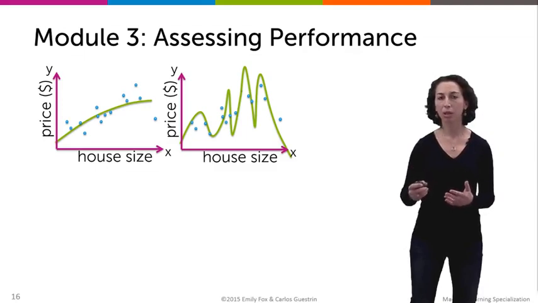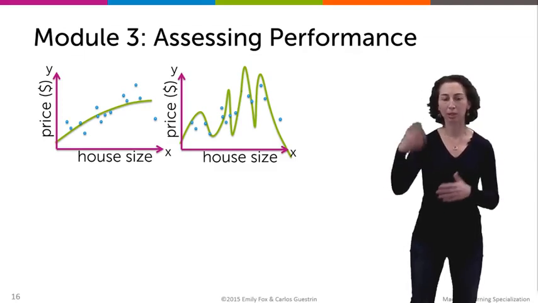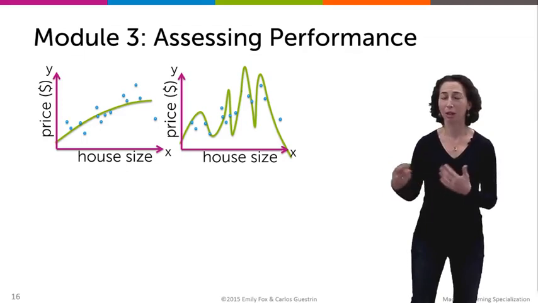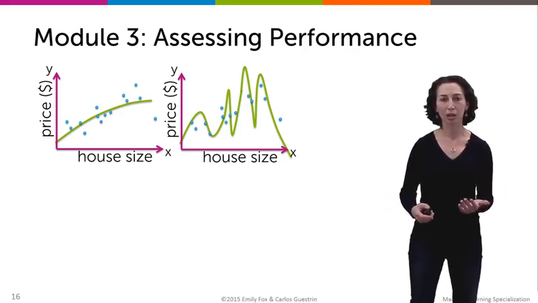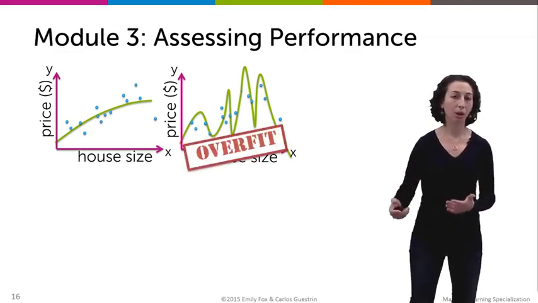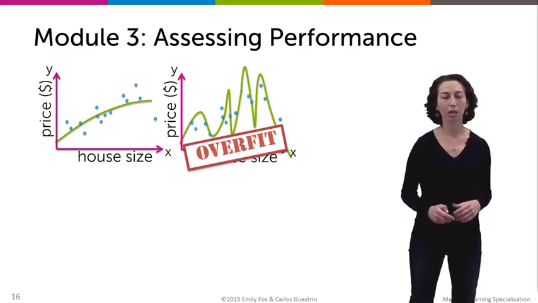But what it's not able to do is generalize to predictions of new houses that we haven't observed, because at least I wouldn't use this to form predictions of my house value. I wouldn't really believe that this is the relationship between house size and price. So the question is, what's going wrong here? And this is something that we call overfitting to the data. And we're going to talk about this in great length in this module of the course.